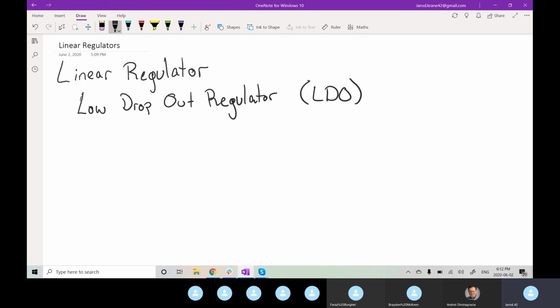The LDO is just another style of linear regulator. It has slight differences, some advantages and some disadvantages compared to the standard linear regulator.